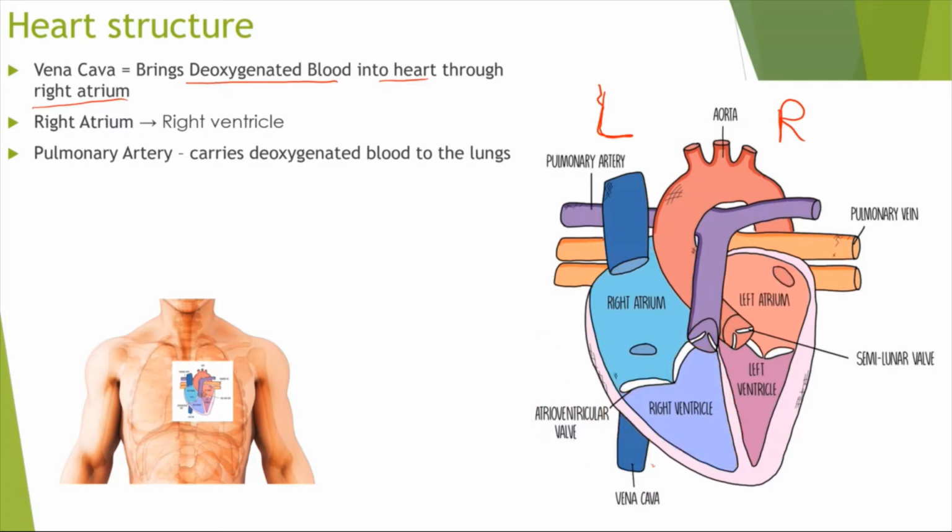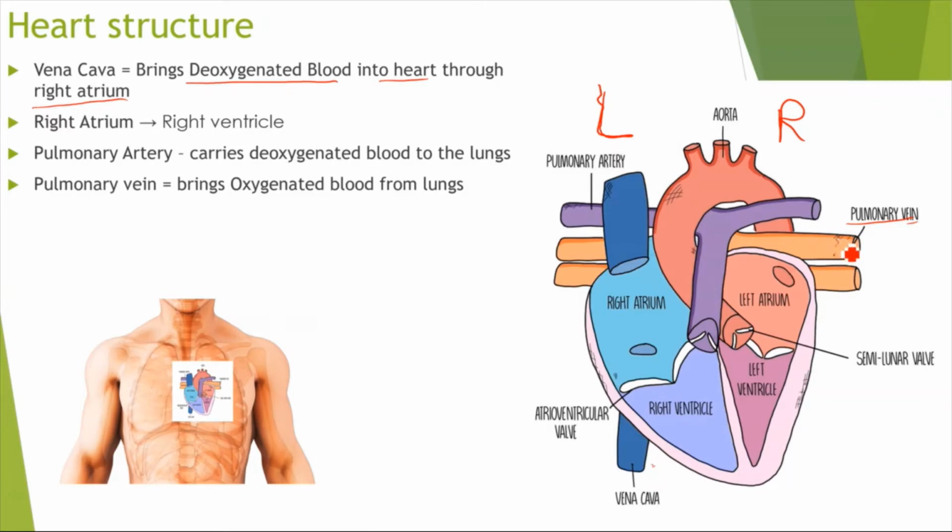Now if we look at the left side of the heart, we'd be talking about the pulmonary vein. This is carrying the blood back from the lungs into the heart. So it's carrying blood into the heart, so vein.